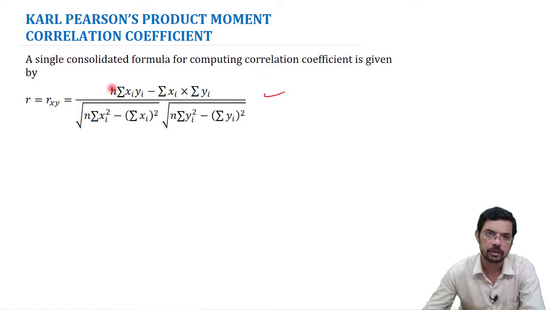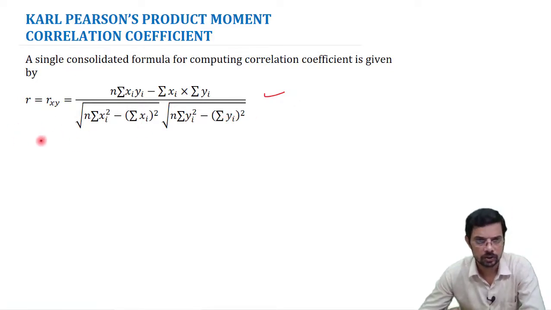Let us see. rxy is equal to n into sigma xi yi, the sum of product of variables, minus sigma xi into sigma yi, divided by under root of n into sigma xi square minus sigma xi the whole square, under root of again n into sigma yi square minus sigma yi whole square.